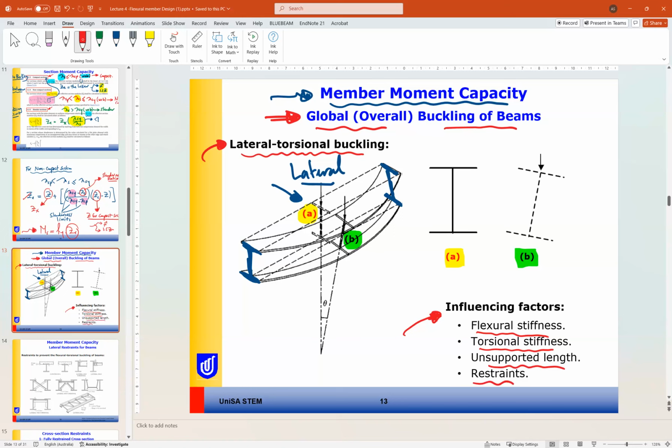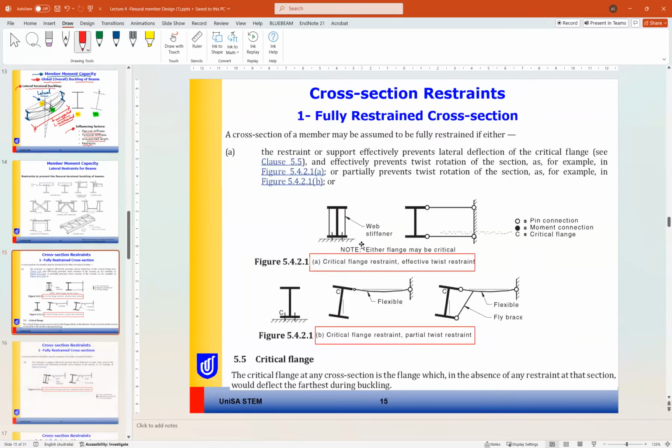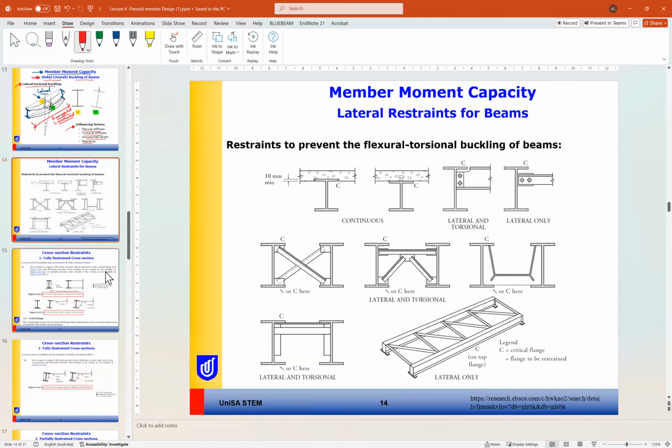The unsupported length, L unsupported or L unrestrained, is the distance between the two supports or the restraints. Okay, we will see this in the formulas, but this is how beams are affected by lateral torsional buckling.